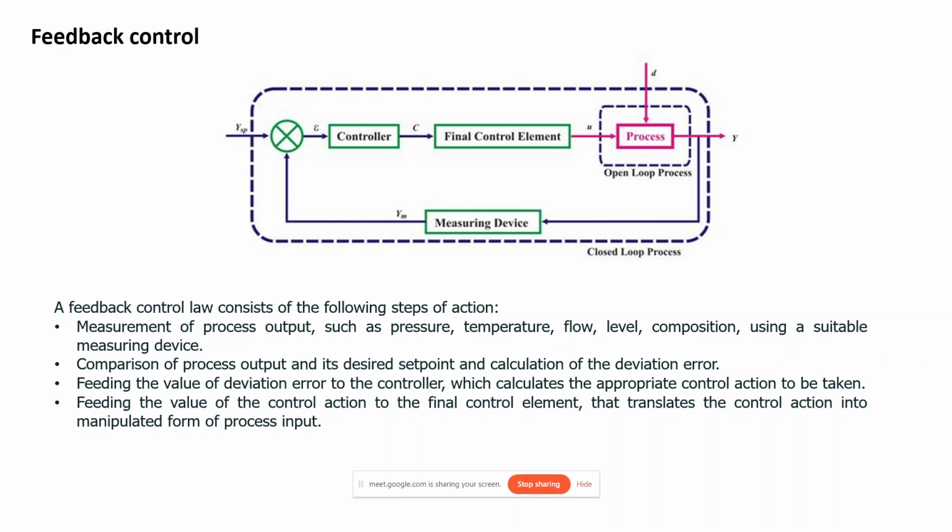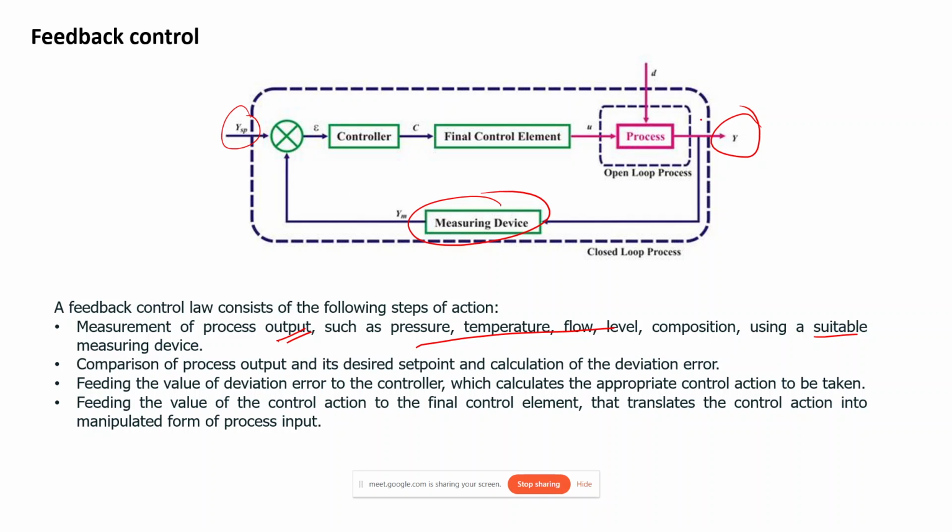This is an extended block diagram for the feedback controller. A feedback controller will consist of the following blocks. The first one is the process output given by Y. It can be pressure, temperature, flow, level, or composition, and we use a suitable measuring device to measure the physical quantity of the output. Then we have a set point.